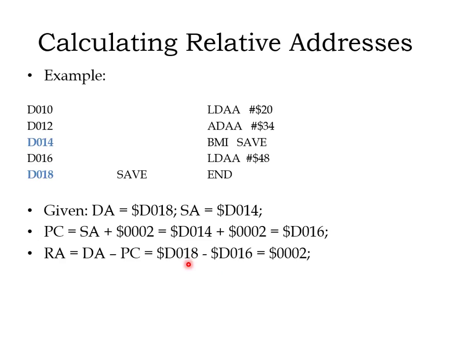So once you do the subtraction, it's just a hexadecimal subtraction, you got 0002. But remember, we were calculating the relative address. As I said in the last slide, the relative address is always 1 byte, right? But this is 2 byte here. So how do I actually get the 1 byte from here?